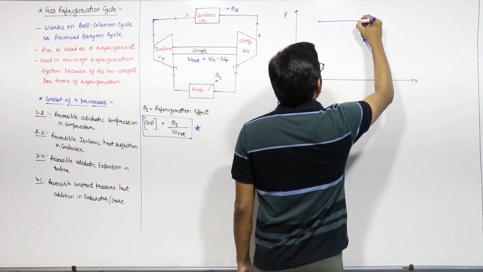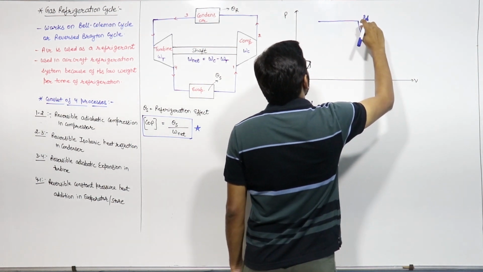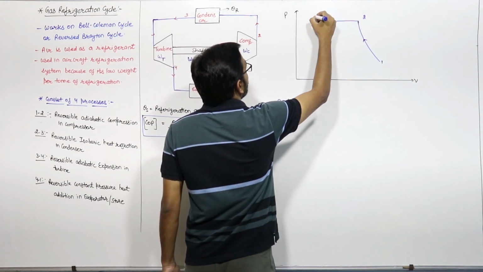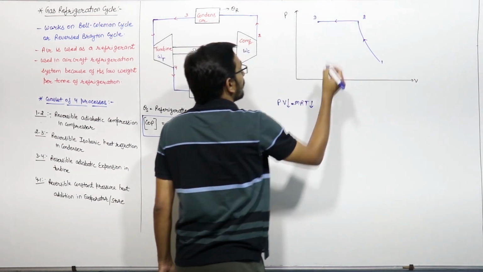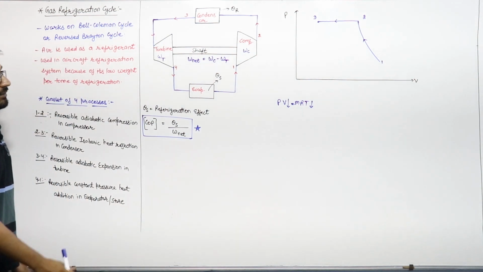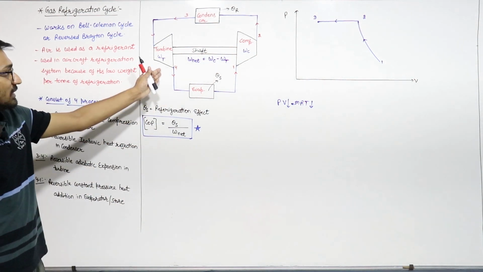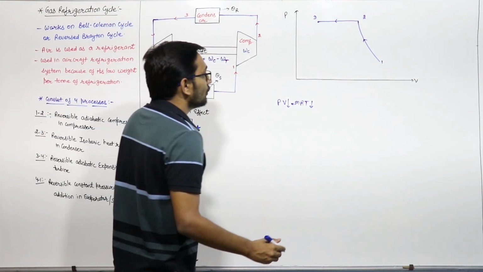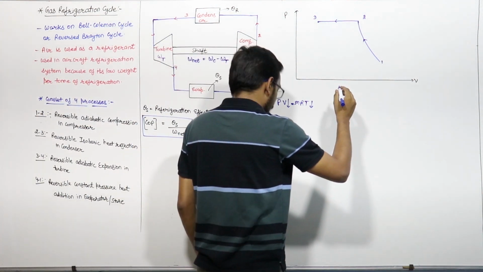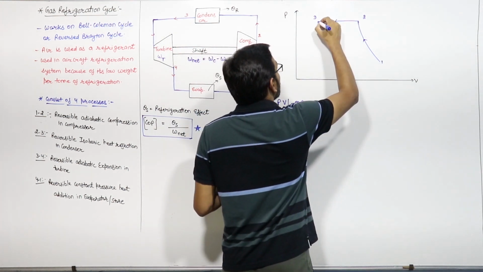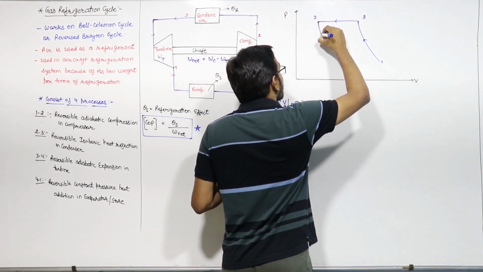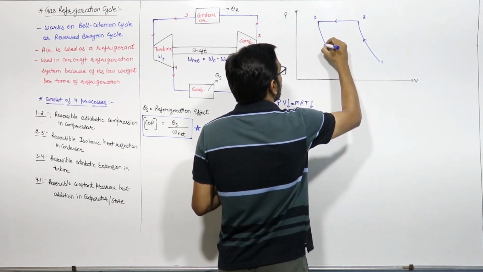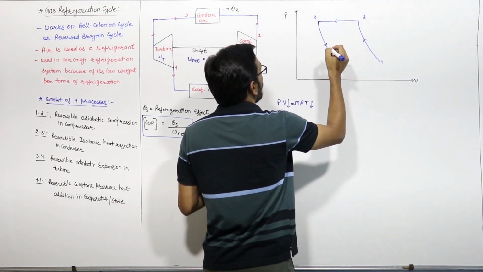This is the constant pressure line, process 2 to 3. Now we have adiabatic expansion in the turbine. Let us say this is the adiabatic expansion: pressure is decreasing, volume is increasing.